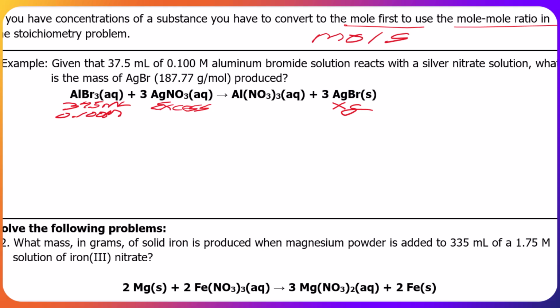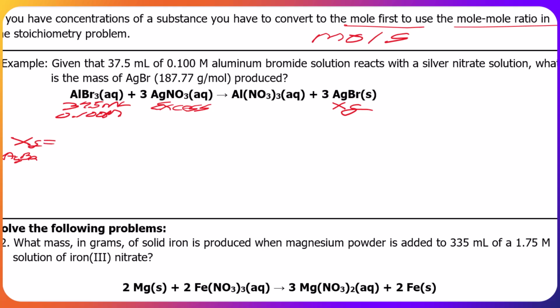Remember, with grams, we converted grams to moles by dividing by the molar mass. Well, here we're converting volume to moles by multiplying volume times the molarity. All right, so let's get started. So this is X grams of silver bromide. Why do we know that silver bromide is a precipitate? Because all bromides are soluble except for silver, lead, and mercury.